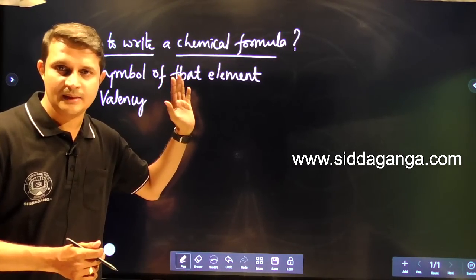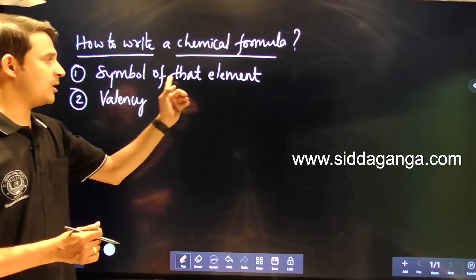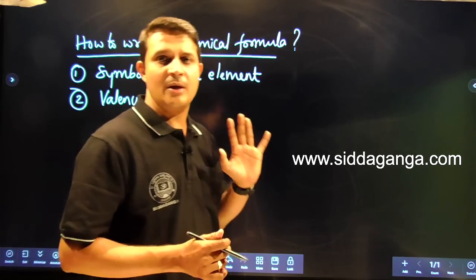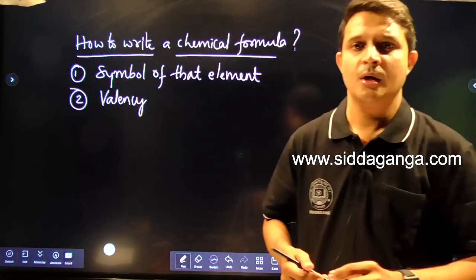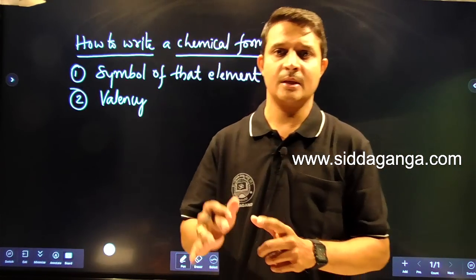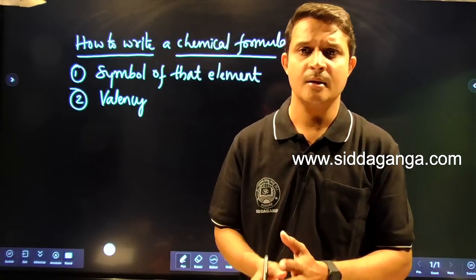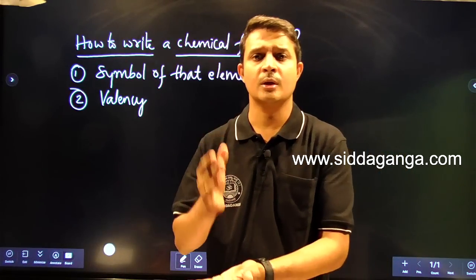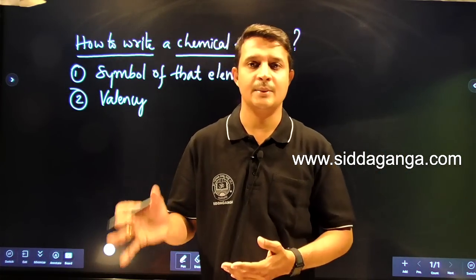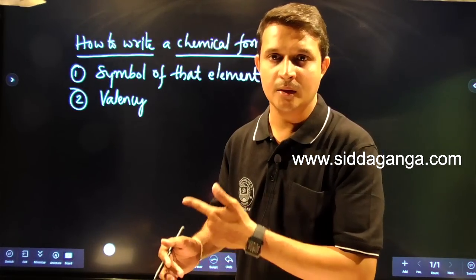If you know these two criteria, then we will be able to write the chemical formula for any compound. Okay, is it clear? So let's take the first one, symbol of the element. At least we need to remember 20 elements. In the periodic table we have 118 elements. So first we need to remember at least atomic number 1 to atomic number 20.